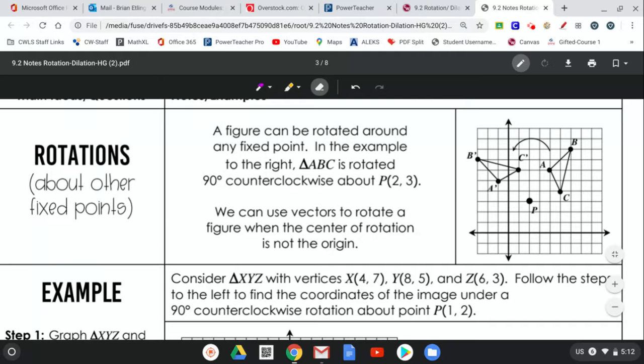If you look at our example here, if we're going to write in vector notation, the distance from P to A, I would count over 2, and that would be my x component, and I would be going up 1, 2, 3.